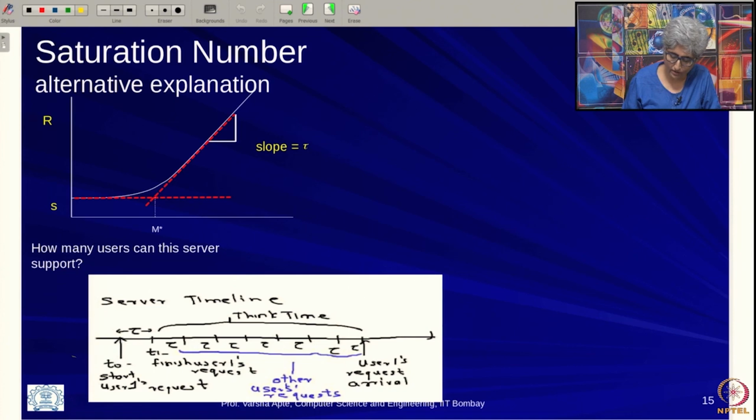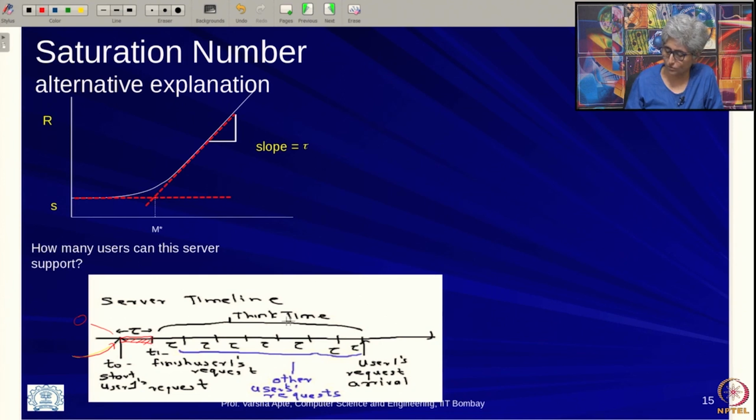Suppose this is our origin, time 0, and this is when one user's request came into the server. As soon as that request came in, the server would be busy for an average of tau seconds, right. And suppose the user gets the response in this tau seconds.